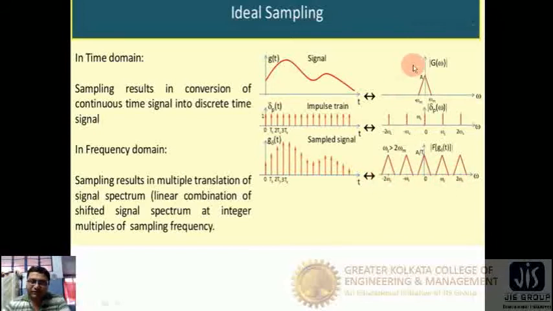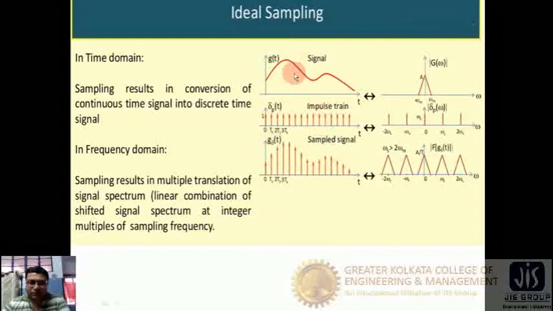In the frequency domain representation, one axis is omega and the other is amplitude. In the time domain representation, one axis is t and the other is g(t), the amplitude of the signal.